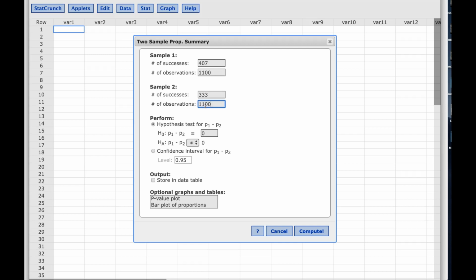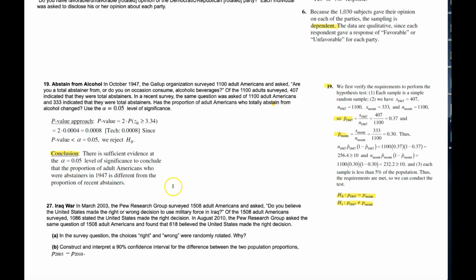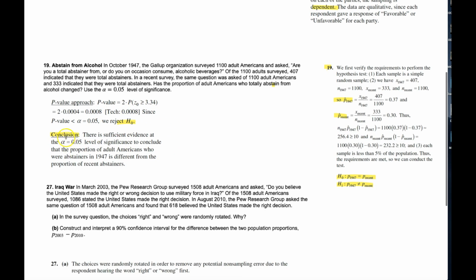But these are samples, so we're trying to extrapolate or approximate this for the population. So you're running a hypothesis test that they're equal, compute, and you end up with a z statistic and a p-value of 0.008. The p-value is less than our alpha, so we would reject the null hypothesis. You get slightly different values depending upon doing it by hand or using StatCrunch. And so then there's your conclusion.